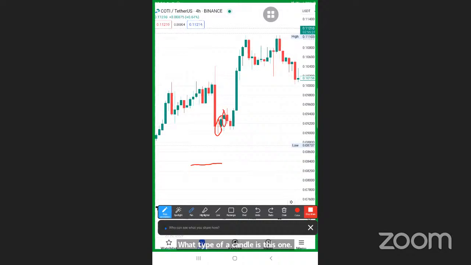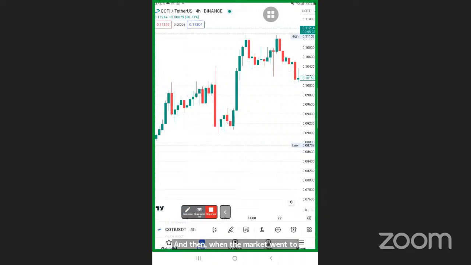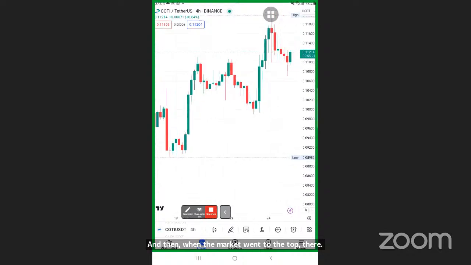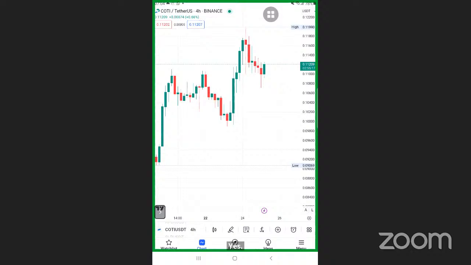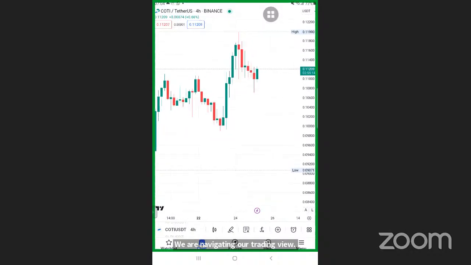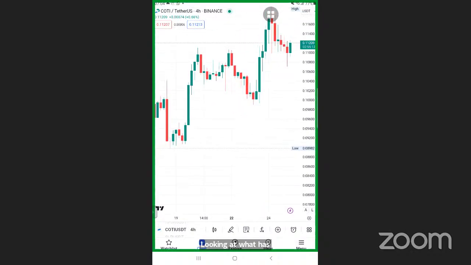And then when the market went to the top there, let us see what happened. We are navigating our TradingView, looking at what has happened, and identifying these chart patterns.